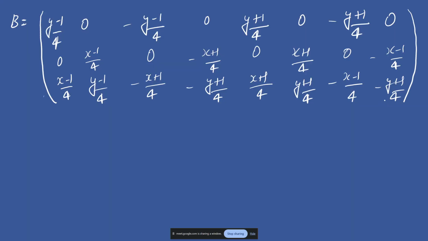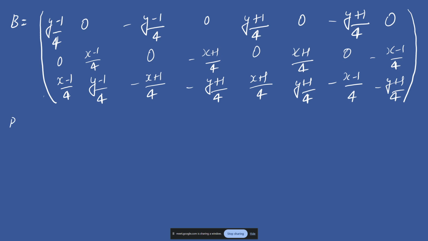So this is the B matrix available with you, and this is the matrix which is known as the strain displacement matrix.